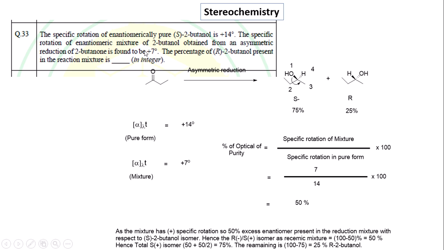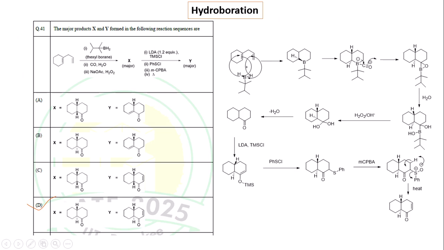Since the sign of the mixture is plus, the S content has the plus specific rotation, so the enantiomeric mixture contains 50% excess S isomer, and the other 50% is the racemic mixture. Hence the S isomer is 75% and the remaining 25% is the R isomer. So the correct option is 25% of R 2-butanol.